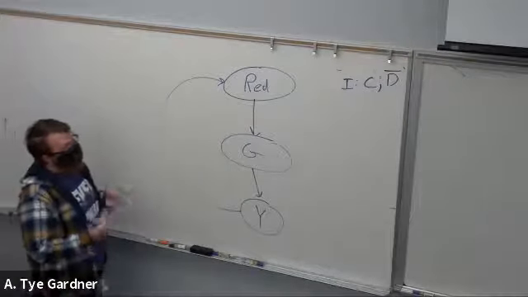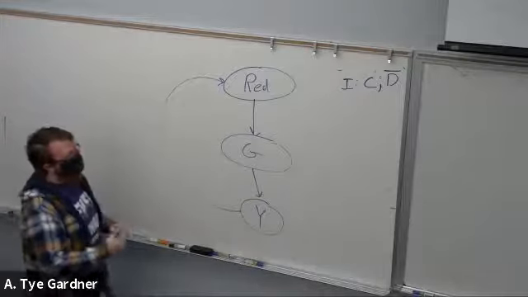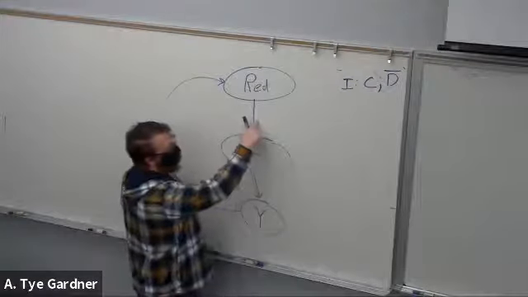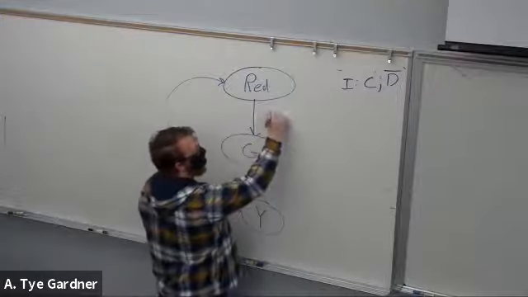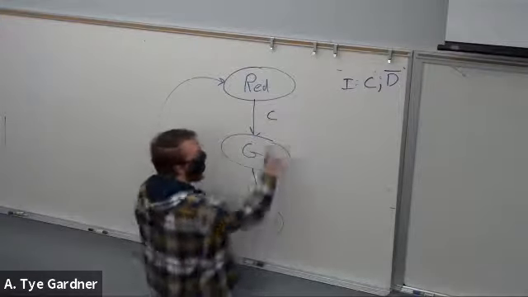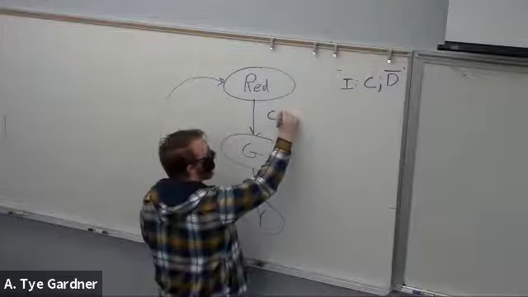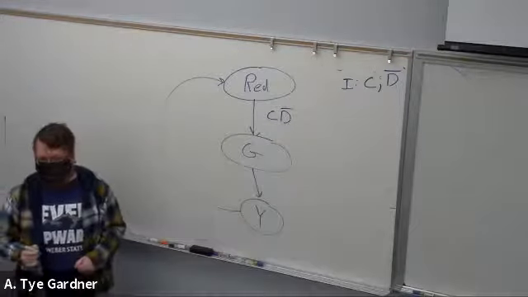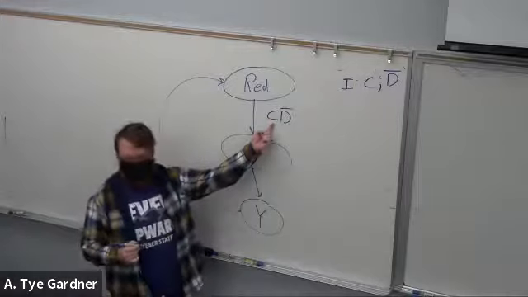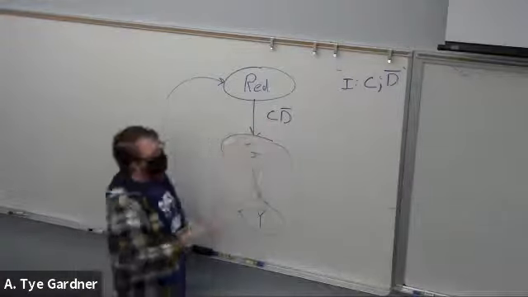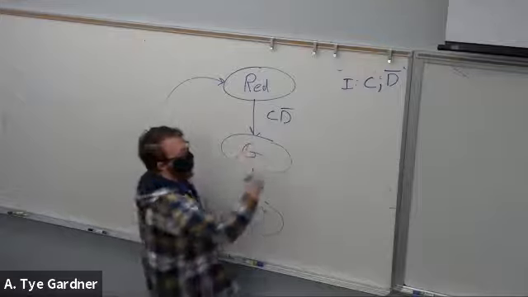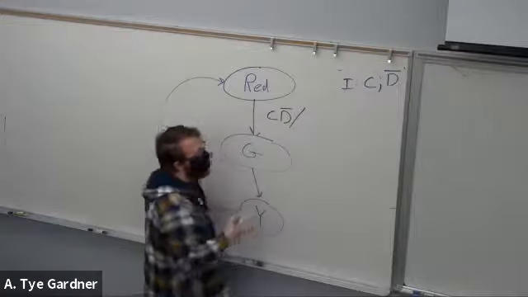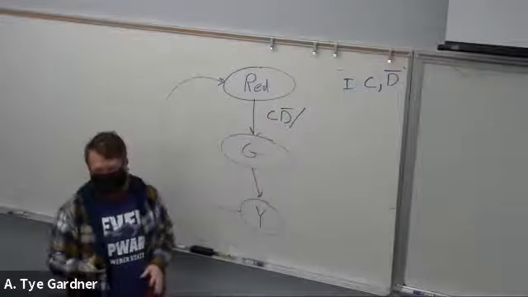So what I would write then is essentially this transition happens if car and not D. This is a logical operation. And then this is our input list. Then we do a slash, and we can have an output list.